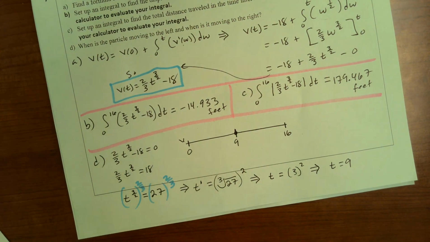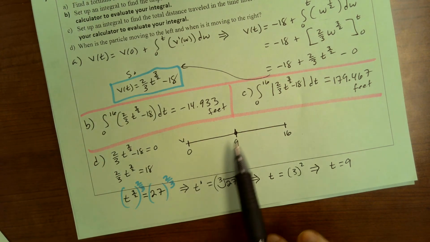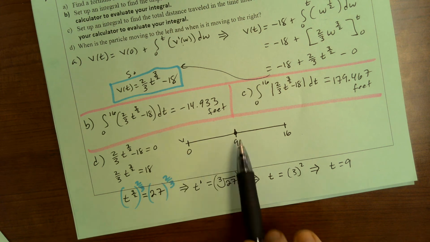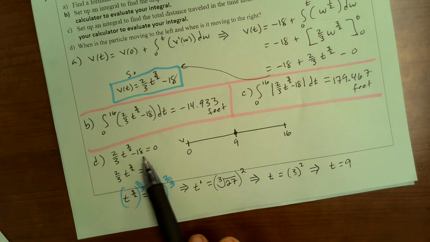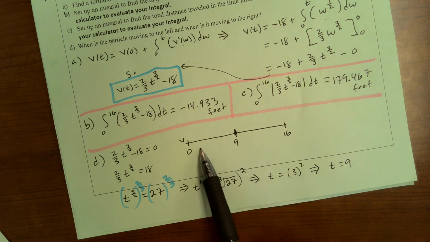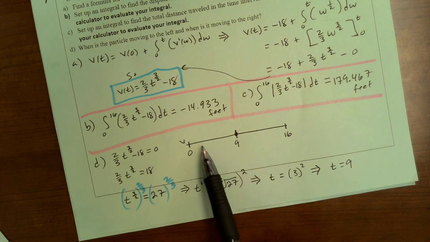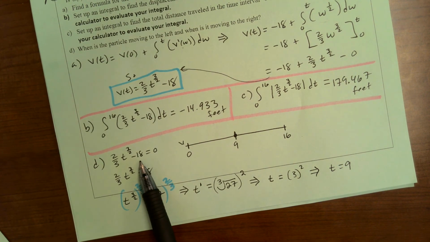Okay, so you know what, guys? 0 and 16, they're endpoints, but they are also part of the intervals to the left and right of 9. 0 and 16 are not critical numbers. So you could, in fact, plug them in to the velocity if you want, or you could use like 1 or something. I'll use 1. So if you plug 1 in to the velocity function, do you get a positive or negative number? You get a negative number because you get 2/3 minus 18.